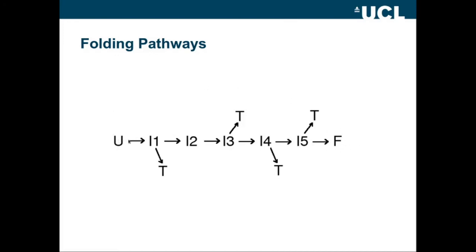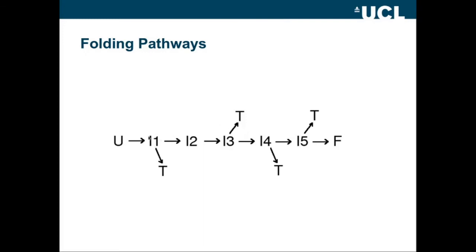We can assume that it goes through some set of intermediates. There may be only one intermediate, there may be many. These may or may not be relatively stable by themselves, but it may just be a pathway that we go through where none of these states is stable, but we're just accessing each of them in turn.